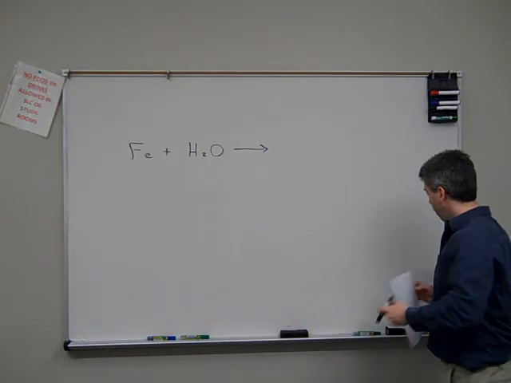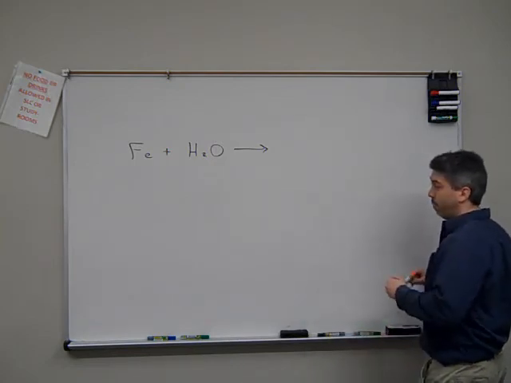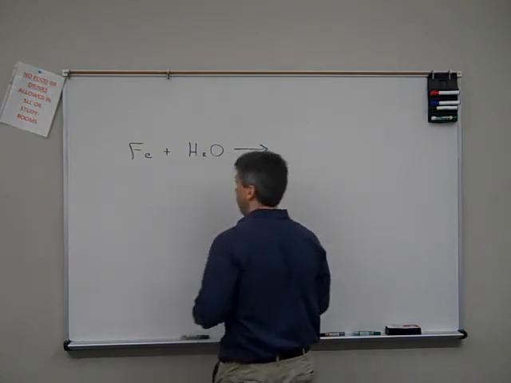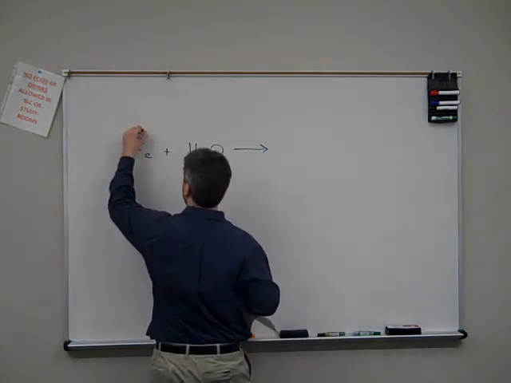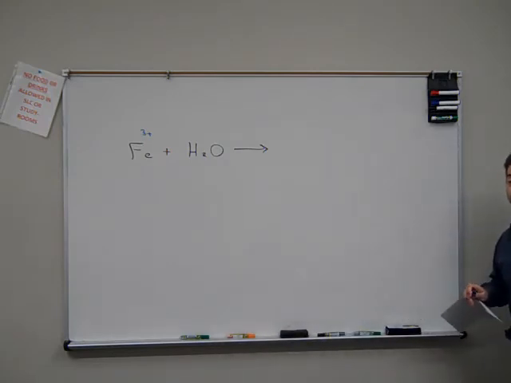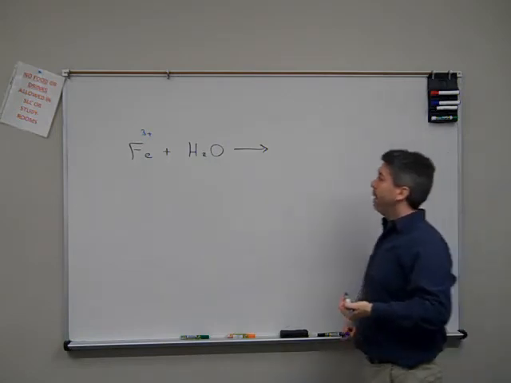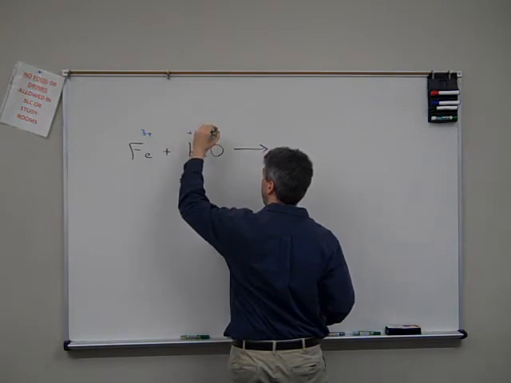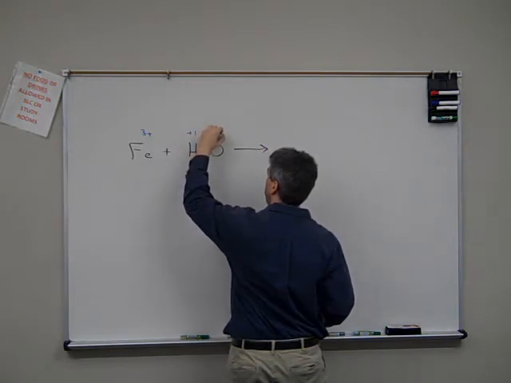So we know, whenever we are predicting products for something like this, you want to identify the charges first. We know that iron is going to form a +3 charge in this case because it says iron 3. It otherwise is a transition metal and you would not be able to predict it. Okay. Now, hydrogen has what charge? +1. Oxygen has what charge? -2.